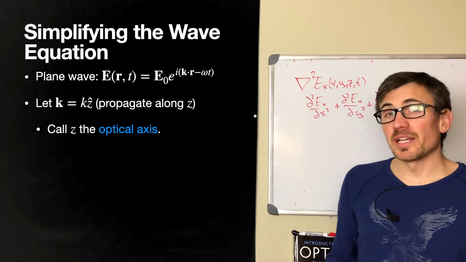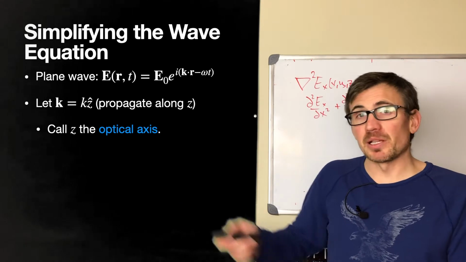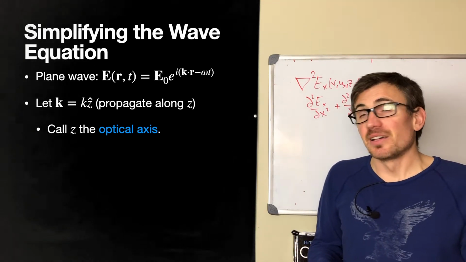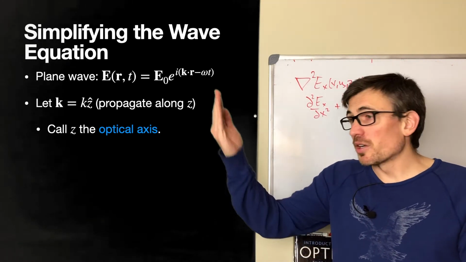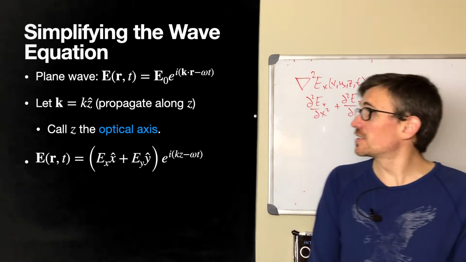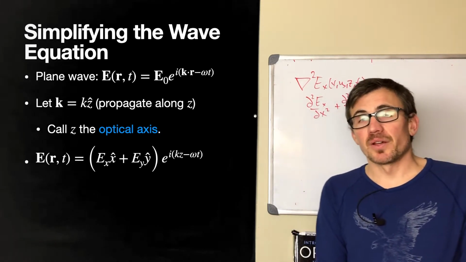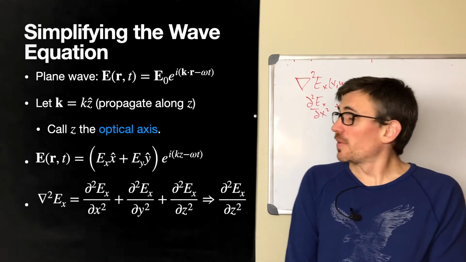And if we recall our nice property of plane waves, if a plane wave is propagating along z, the electric field is going to oscillate somewhere in the xy plane. So it's going to look like this. This is what our plane wave looks like along our optical axis of z. And our Laplacian now, let's think about this.